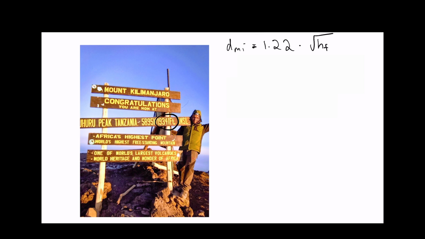So if we want to do an example with Mount Kilimanjaro, we see that the height of Mount Kilimanjaro at the peak is 19,341 feet. If we plug that in, we see that on a clear day without any obstructions, you can see to the horizon for about 170 miles.